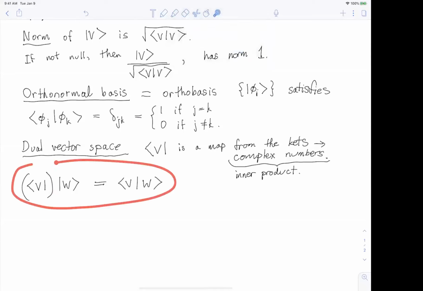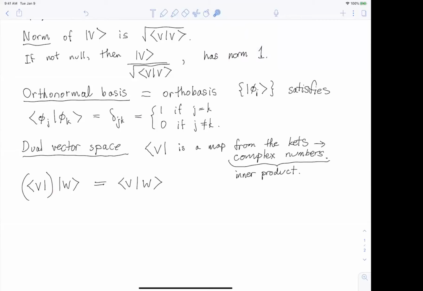You get out the complex number, which is the inner product of V with W. So in a way, we haven't really done anything there. We've just said that we're going to regard this dual vector V as being the thing which, when acting on another vector W, gives you back the inner product of the two. Okay? Mm-hmm. Thank you. Sure.